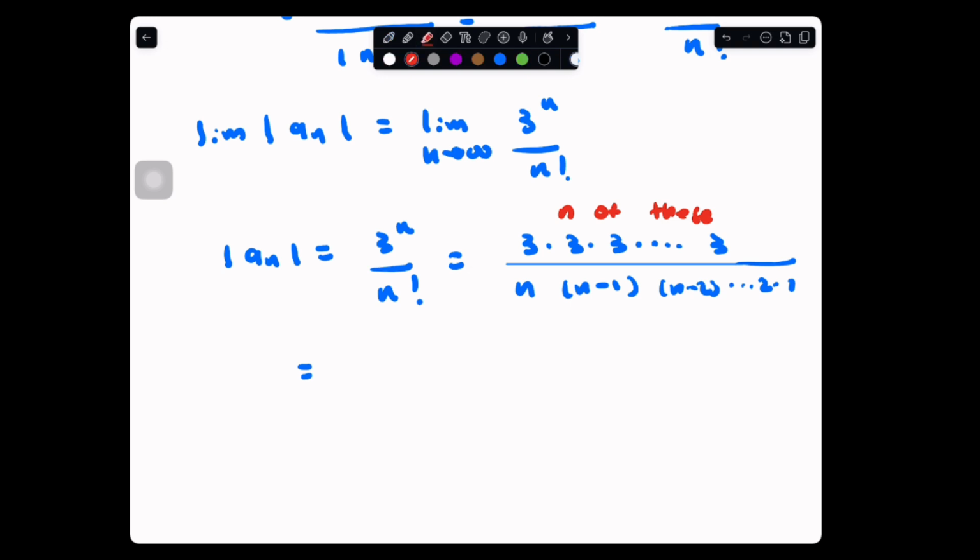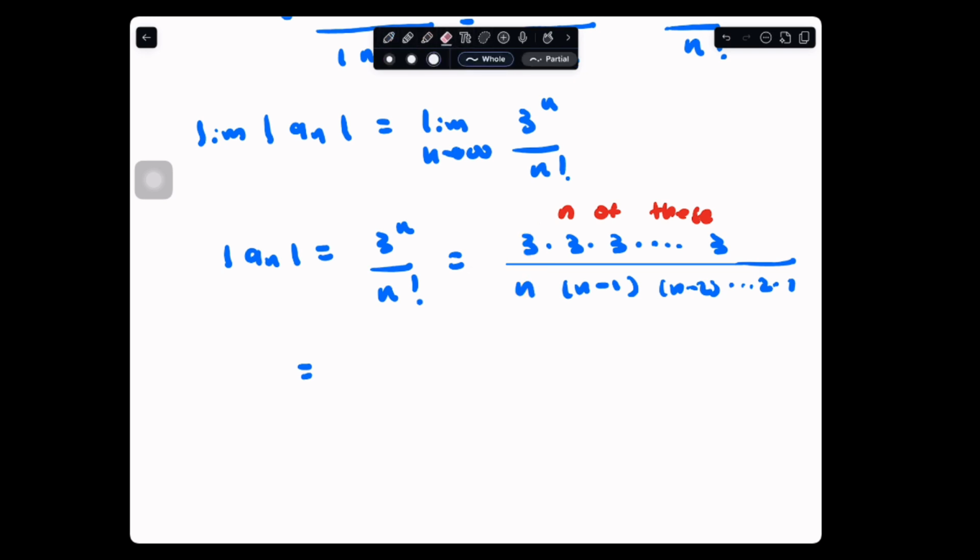So I'm going to separate here. I want you guys to focus on what you've got, this 3 to the n. Let's look at some details here.